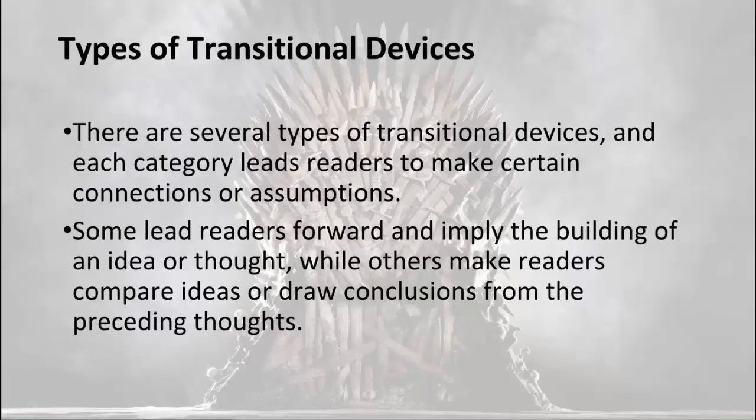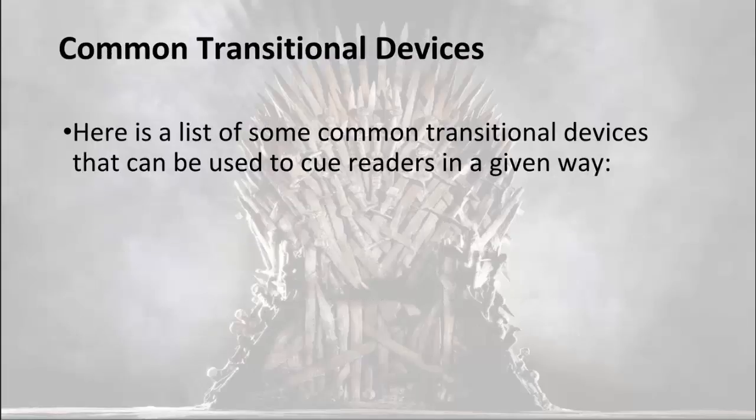There are several types of transitional devices, and each category leads readers to make certain connections or assumptions. Some lead readers forward and imply the building of an idea or thought, while others make readers compare ideas or draw conclusions from preceding thoughts. Here's a list of common transitional devices that can be used to cue readers in any given way.